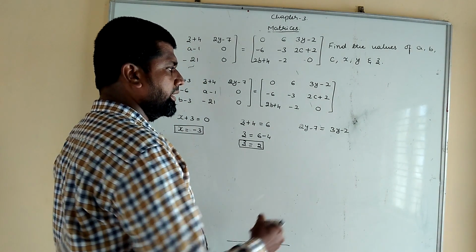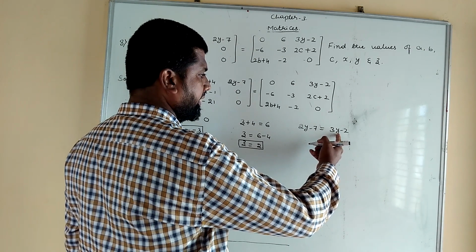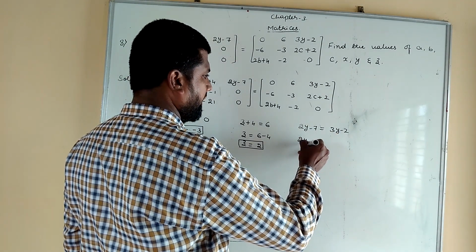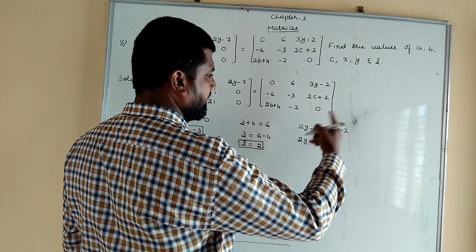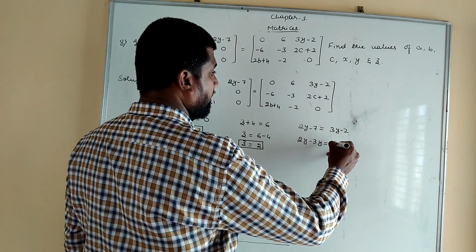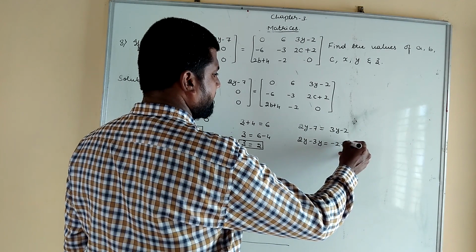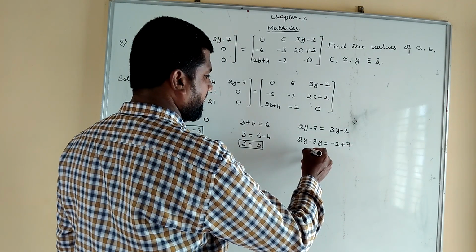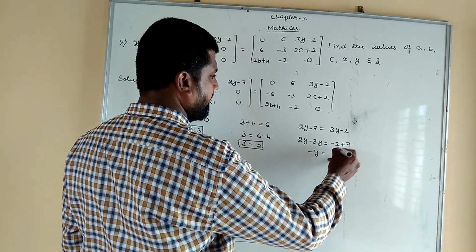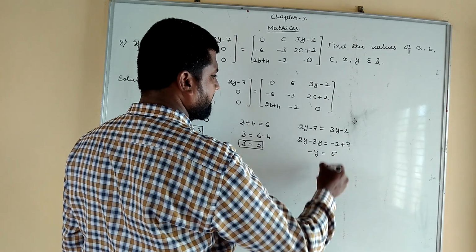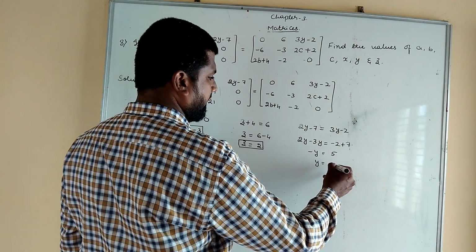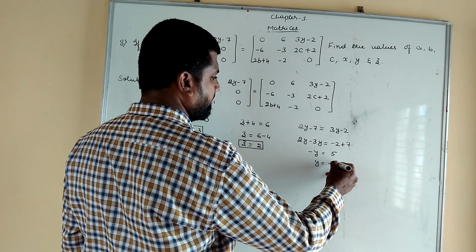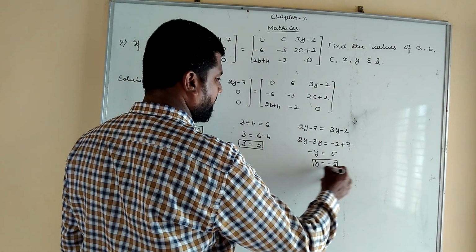Let us shift the 3y from the right side to the left side. 2y minus 3y is equal to, 7 is shifted to the right, minus 2 plus 7. Then if you subtract, what will we get? Minus y is equal to 5. Then y is equal to, if you shift the minus to the denominator, it becomes minus 5. The y value is minus 5.